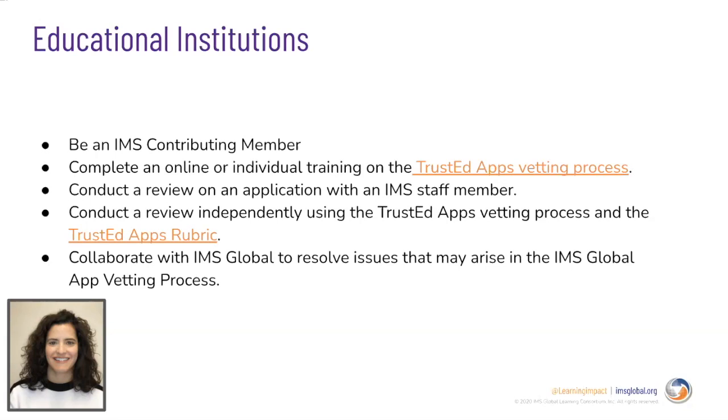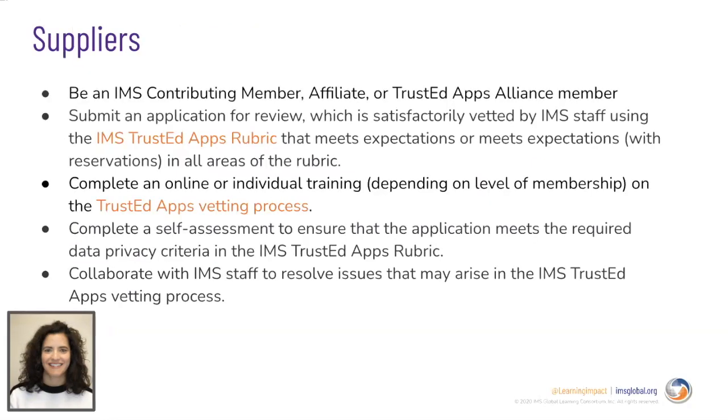If you are a supplier, the requirements are you must be an IMS contributing member, affiliate, or Trusted Apps Alliance member. Same process in terms of submitting an application for review. And then you have the self-assessment to ensure that the application meets the required data privacy criteria, and then the collaborative process of working with IMS staff to resolve any issues that may arise in the vetting process.